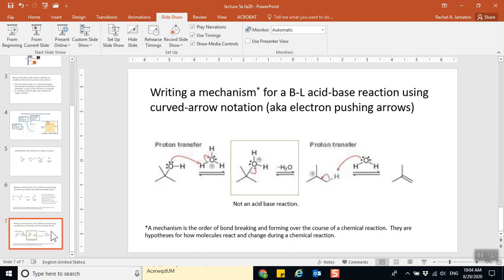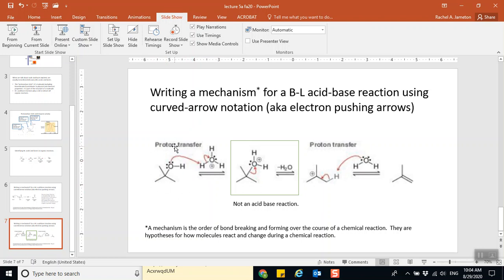So here's a second example of this, and that is where we have, in this case, our organic molecule as the base, and our acid is hydronium. That's water with an extra proton stuck on it. And what happens in the first step is an acid-base reaction.